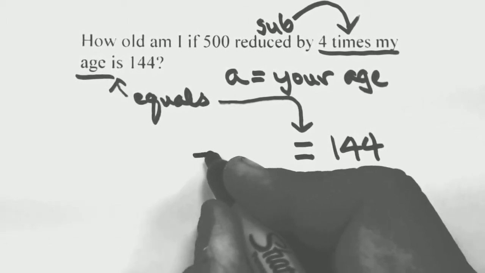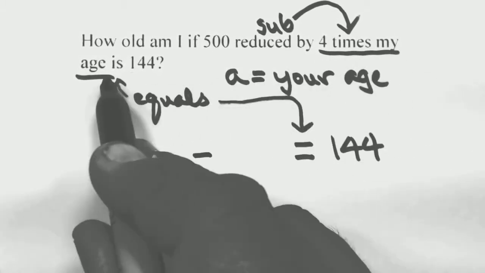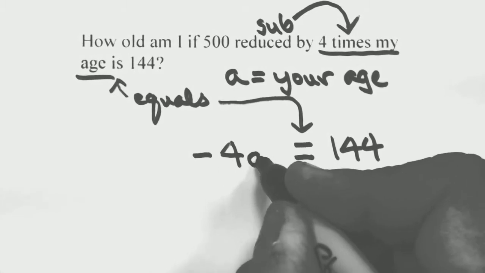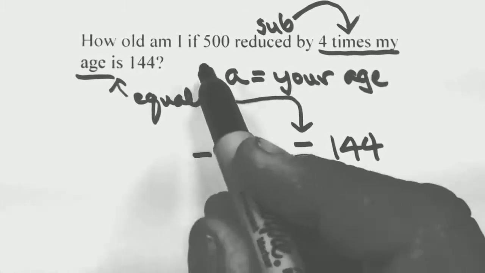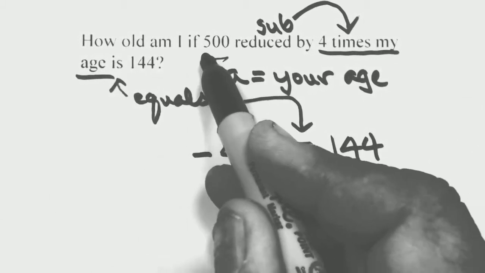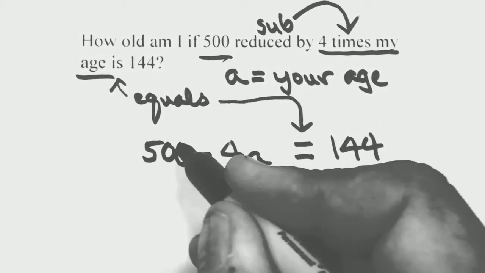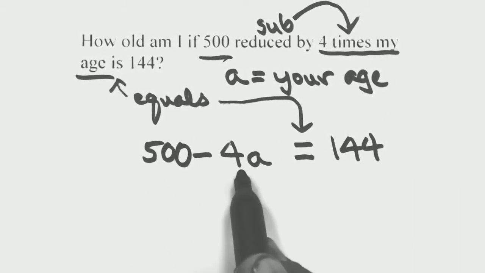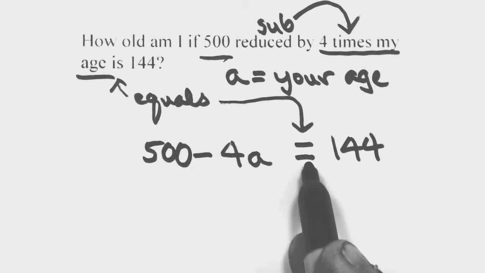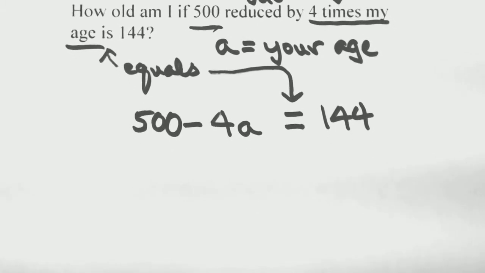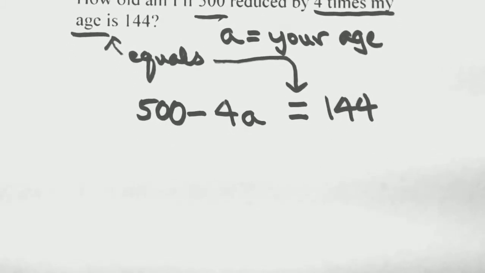So here's my minus sign, 4 times my age, and we're using A for age, so that would be 4A. Okay, well, what are we subtracting it from? The 500 that's given right here. So here we are, 500 reduced by 4 times my age equals 144. Okay, we've successfully translated that into an equation.